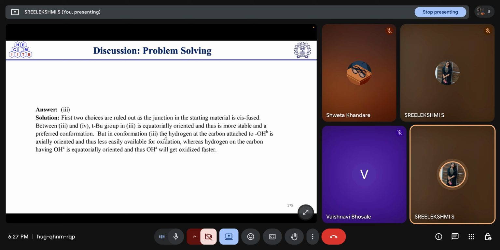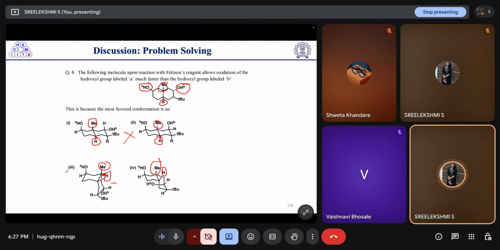But in conformation 3, the hydrogen at the carbon attached to OH is axially oriented, thus less easily available for oxidation, whereas the hydrogen on the carbon having OHA is equatorially oriented and thus OHA will get oxidized faster. So they are telling this is the correct answer.